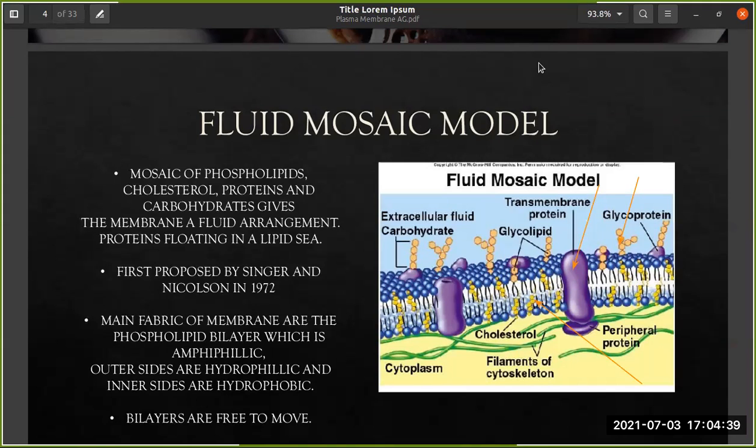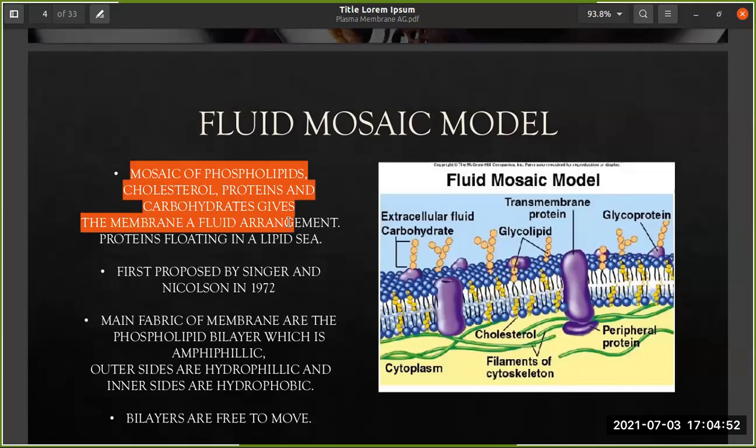So it is a mosaic of phospholipids, proteins, and carbohydrates, and this gives the membrane a fluid arrangement.